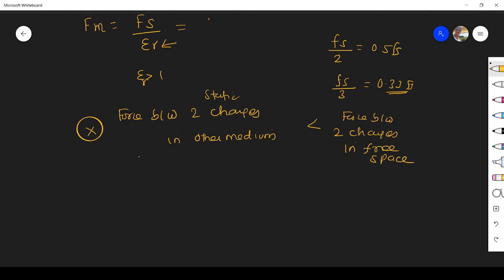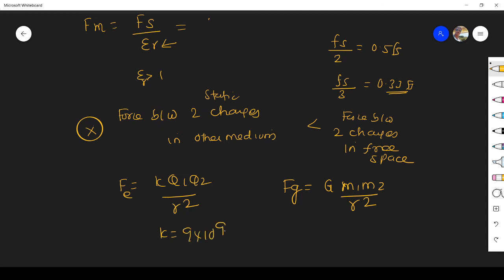Next important point: Coulomb's law is an equivalent version of Newton's law. We know Coulomb's law, the electrostatic force, is given by K into Q1 Q2 by R square. Newton's law of gravitational force: Fg is G into m1 m2 divided by R square. See, both are equivalent. But K is equal to 9 into 10 power 9, whereas the gravitational constant G is equal to 6.626 into 10 power minus 11.